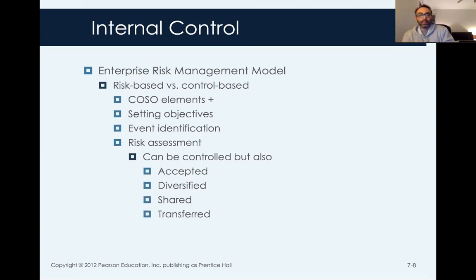So in the risk assessment part of it, every company has a risk. There's no company without risk. Even a company like GE can lose a lot of money, and companies like IBM and Microsoft are large companies that have gone through bankruptcies and lost money, so there's always a risk. There are 4 ways in which you can control that risk. Either you can accept it, that we are in a business and it's a high risk business.